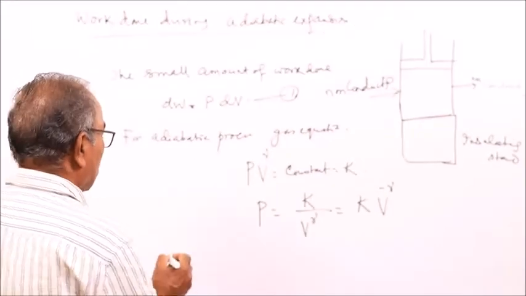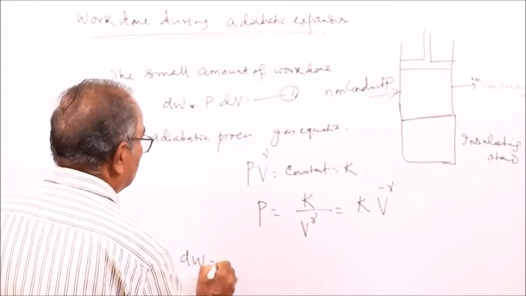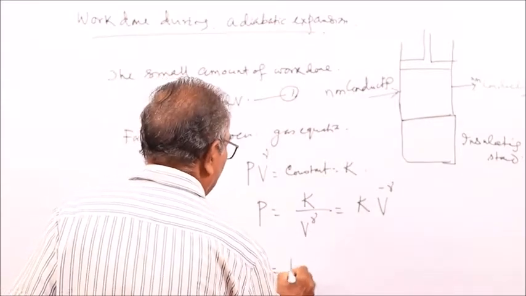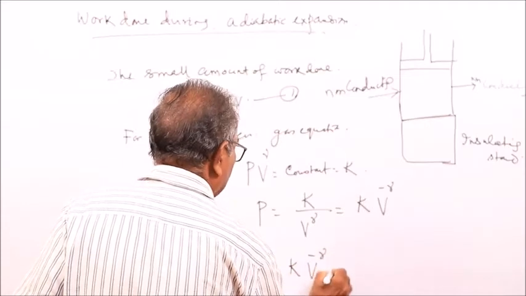So the small amount of work done, dW, is equal to PdV. Putting the value of P, that becomes K V to the power minus gamma dV.